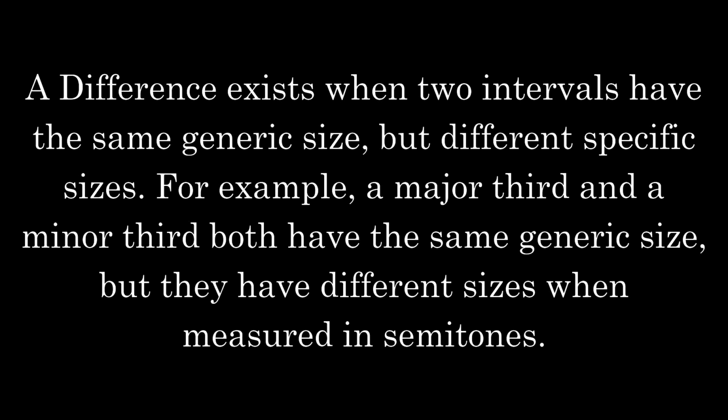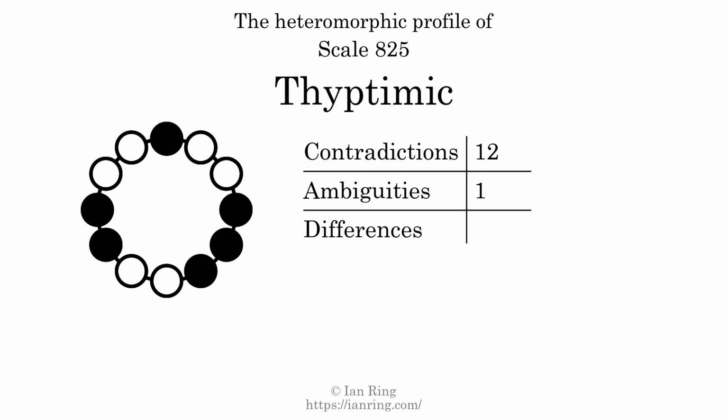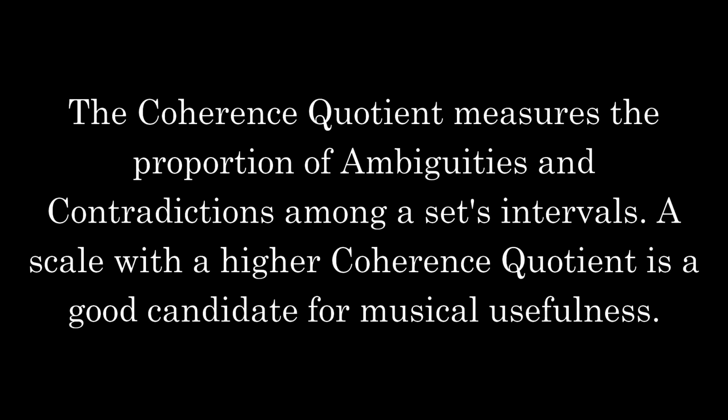A difference exists when 2 intervals have the same generic size, but different specific sizes. For example, a major third and a minor third both have the same generic size, but they have different sizes when measured in semitones. The number of differences in this scale is 45. The coherence quotient measures the proportion of ambiguities and contradictions among a set's intervals.